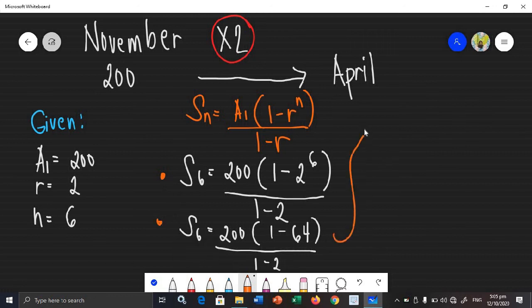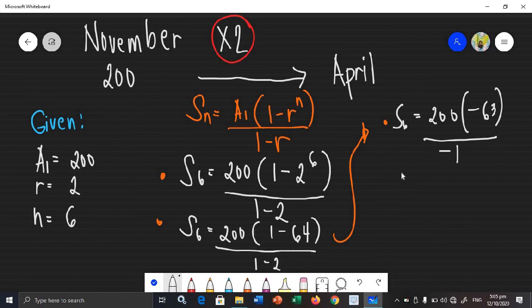And then, continuation here, S sub 6 is equal to 200 times the quantity 1 minus 64, the answer is negative 63, all over 1 minus 2, the answer is negative 1. So, next, S sub 6 is equal to 200 times negative 63. The answer is negative 12,600 all over negative 1.